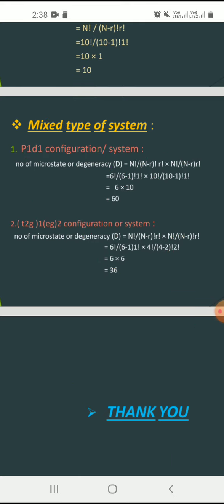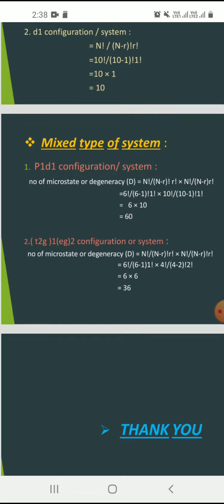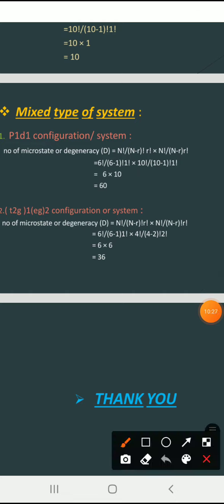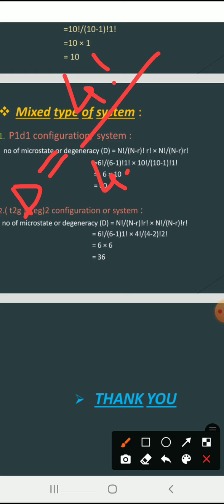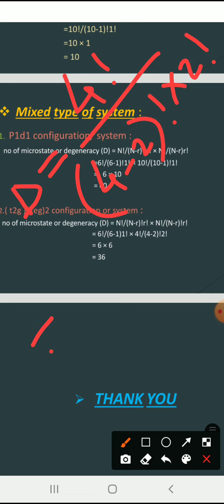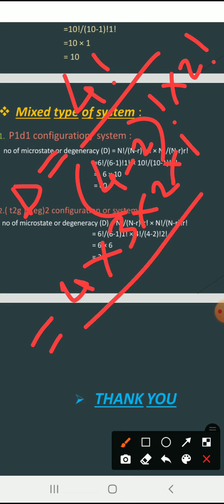And now we will see the degeneracy for the eg2 system. Therefore, D is equal to 4 factorial divided by (4 minus 2) factorial into 2 factorial, which is 4 into 3 into 2 into 1 divided by 2 factorial into 2 factorial, that is 2 into 1 and 2 into 1.